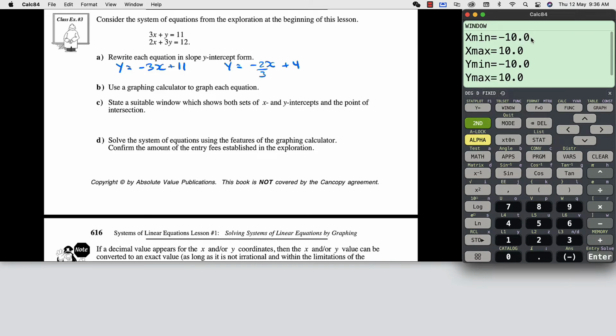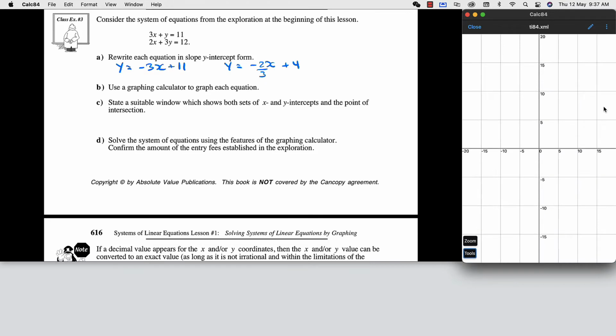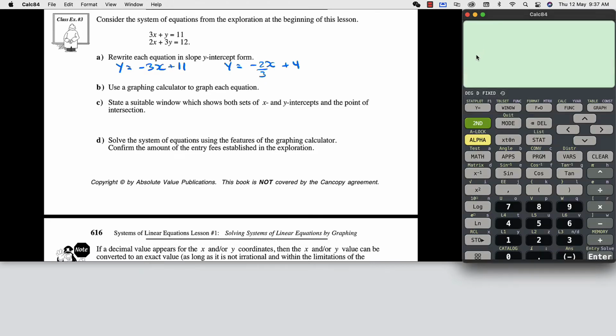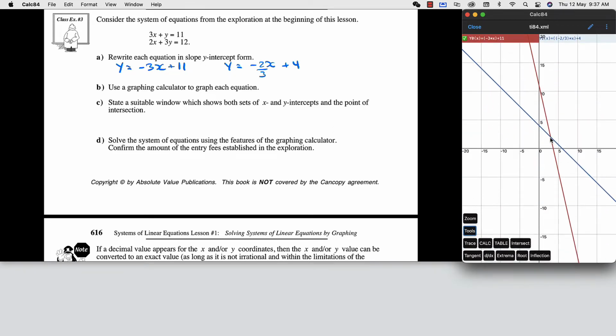So I'm going to clear this, and I'll put negative 20, and we'll go up to 20, and the y will go from negative 20 to 20, and we'll graph that. And it looks like I've turned them both off, so let's turn them both on and graph that. And there's our solution right there, where the two lines intersect.